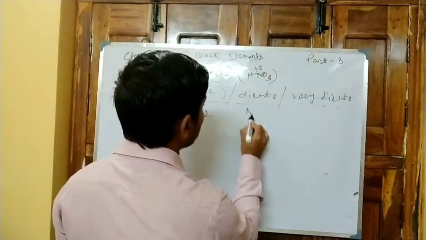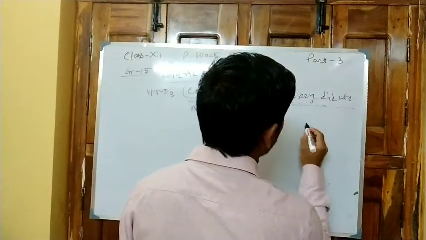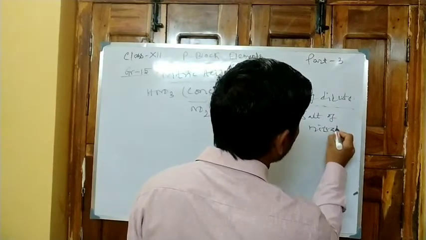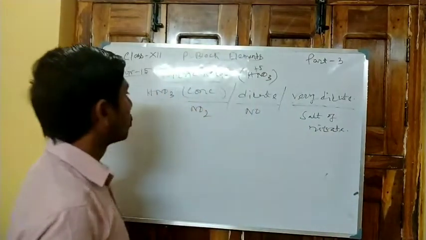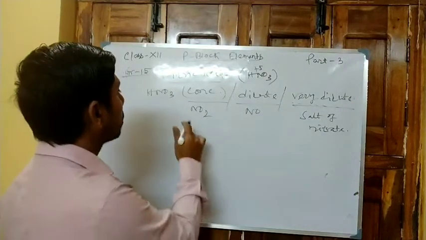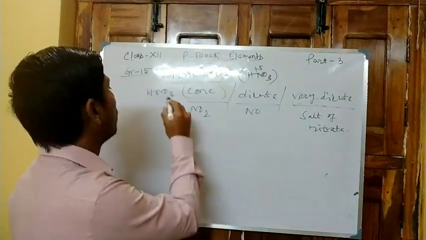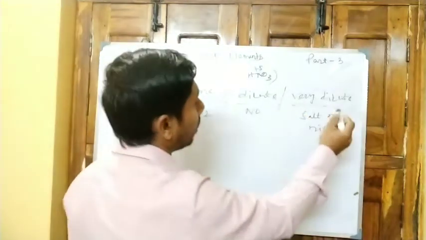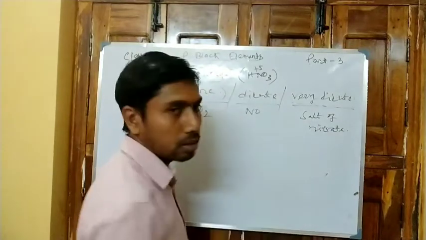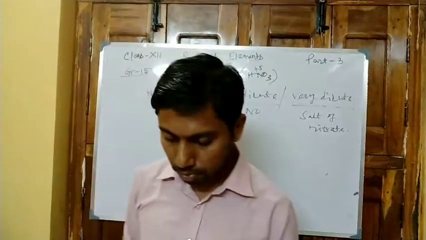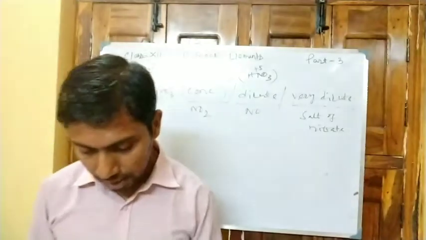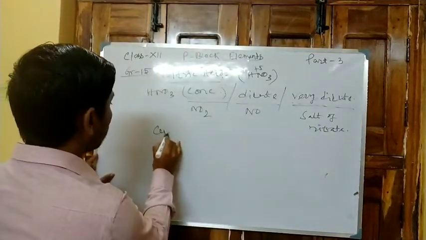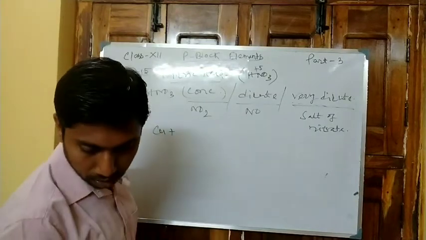In dilute, it is NO, and in the very dilute case, it is the salt of nitrate. So with concentrated HNO3, the products are the metal salt plus NO2. In dilute form, it is the salt plus NO, and in the very dilute form, the nitrate salt of the metal. Suppose we take an example, that is copper plus HNO3.